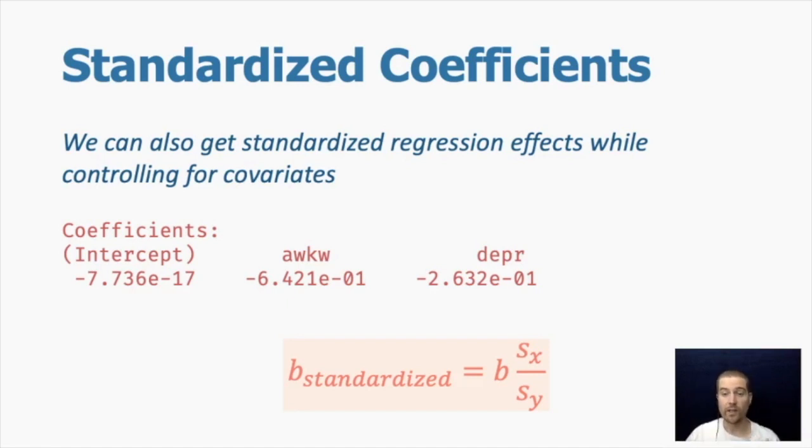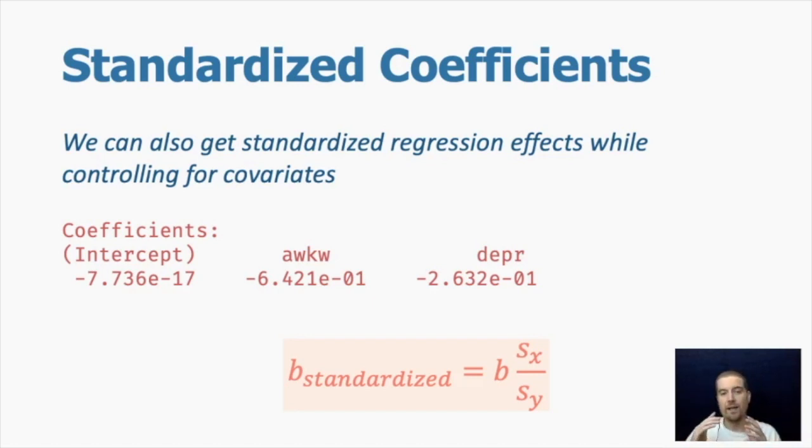Standardized coefficients are really useful when the raw values of your predictors and the outcome are not really interpretable things. In this case, awkwardness maybe isn't super interpretable, but the outcome is income in dollars. That's generally pretty interpretable.